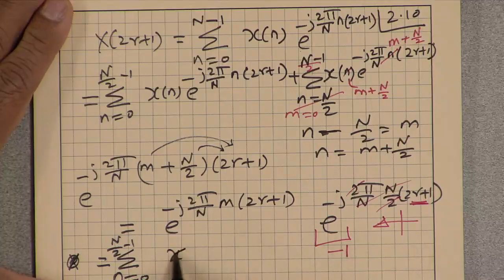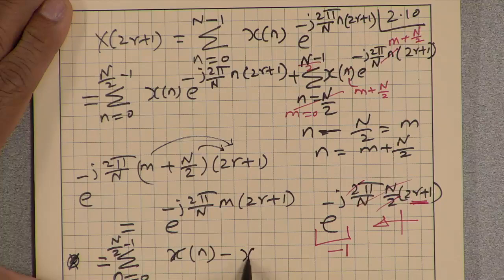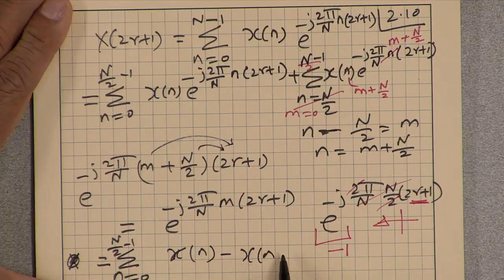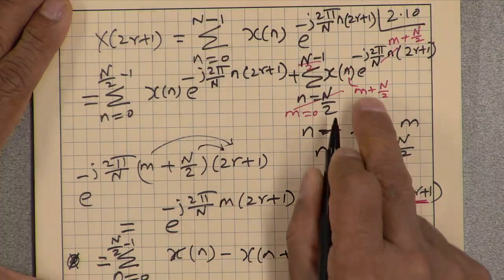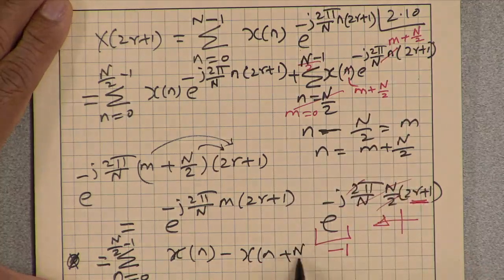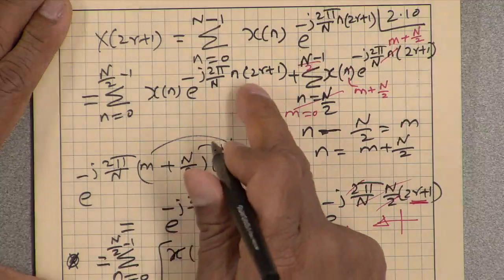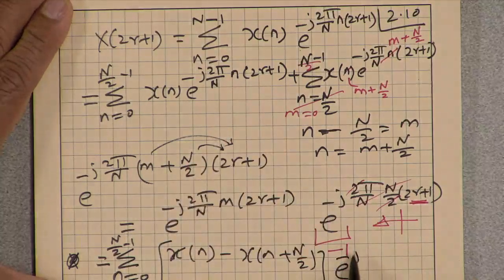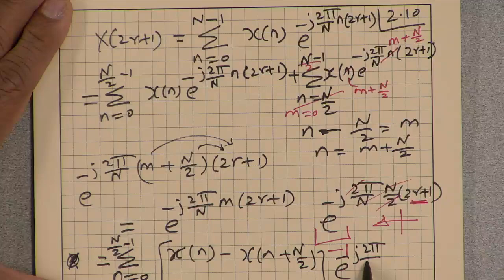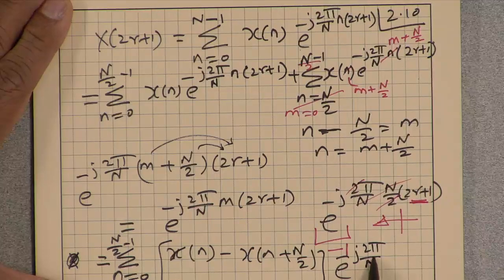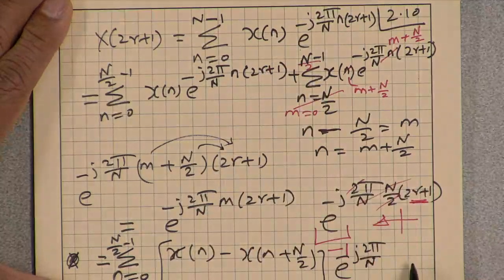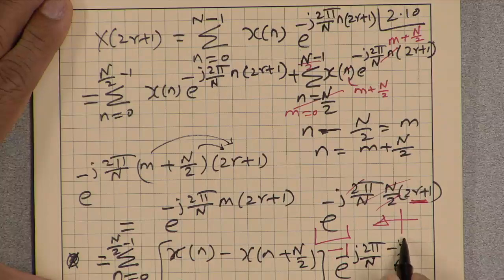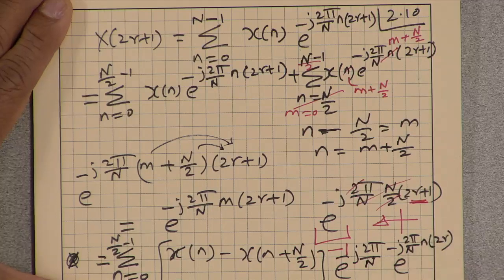So we have x[n] minus x[n plus N by 2], that m is dummy n, times e to the power minus j 2 pi n over N, times e to the power minus j twice pi n over N by 2 times r.